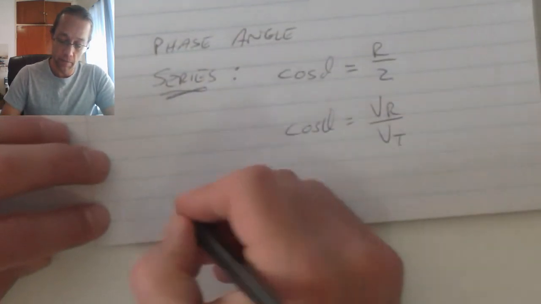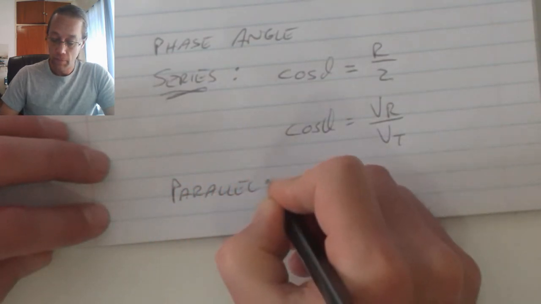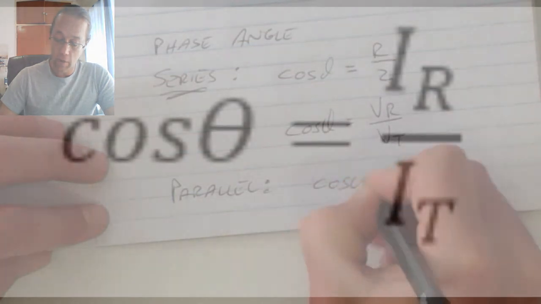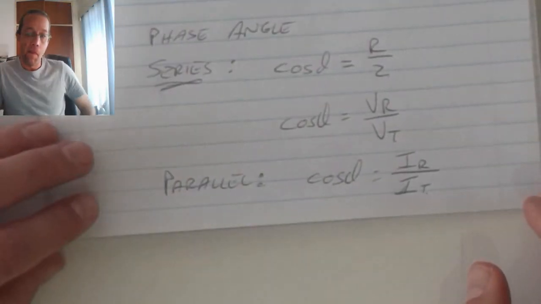When it comes to parallel, cos theta is equal to IR, or resistor current, divided by total current.